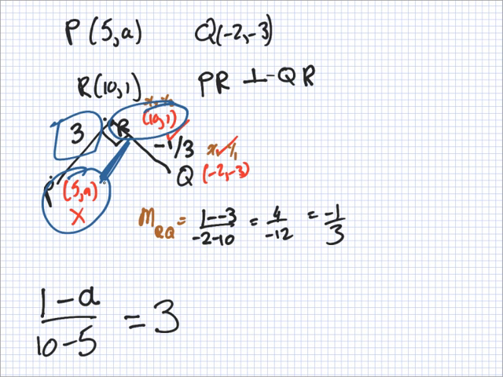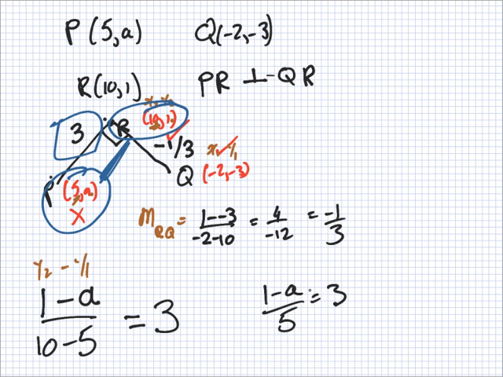Now, does that make sense? Are you sure? I see confusion in your eyes. Tell me what's confusing you. The 10, yeah. That is me saying y2 minus y1, so that's 1 minus a over x2 minus x1 then. Okay, so that's 1 minus a over 5 equals 3.